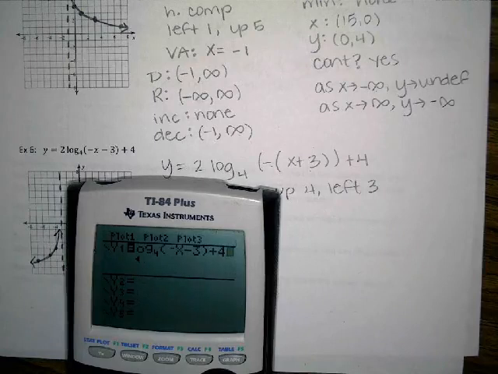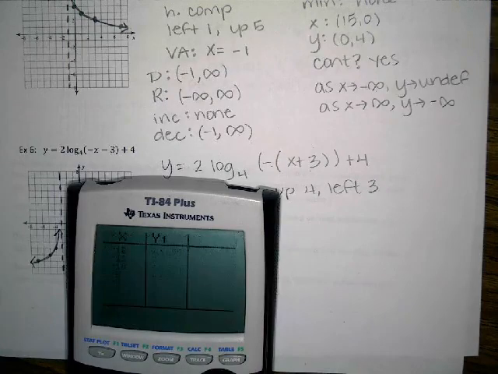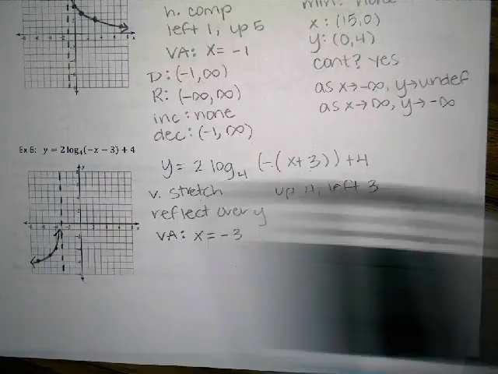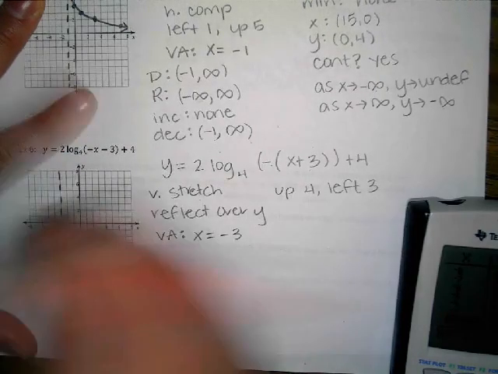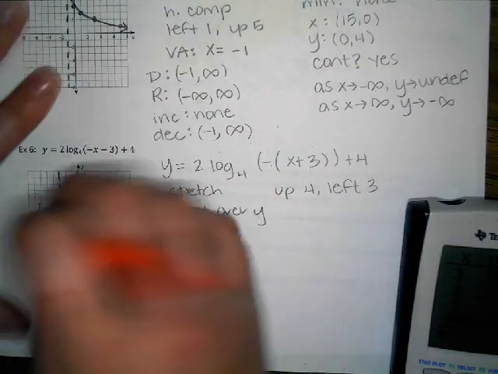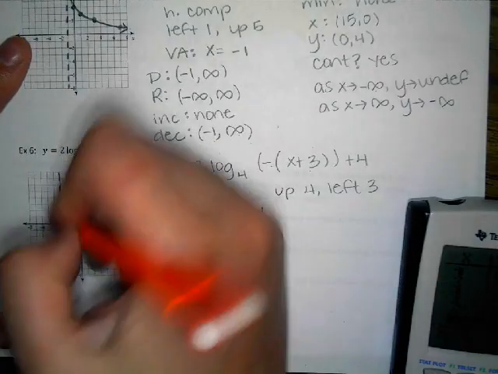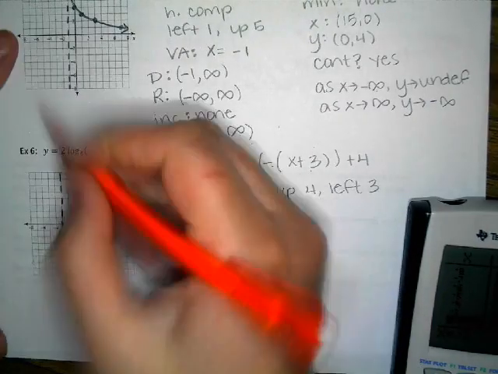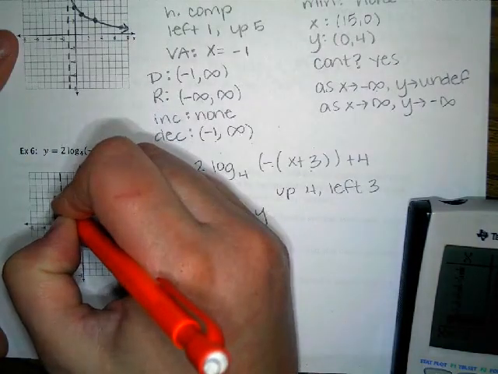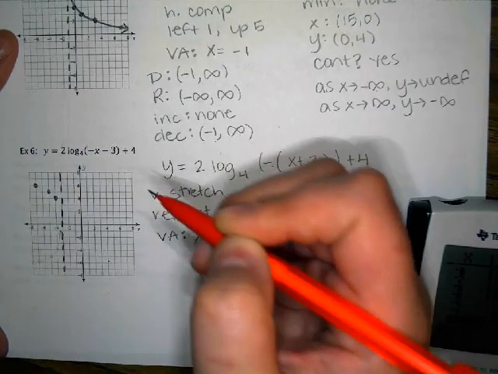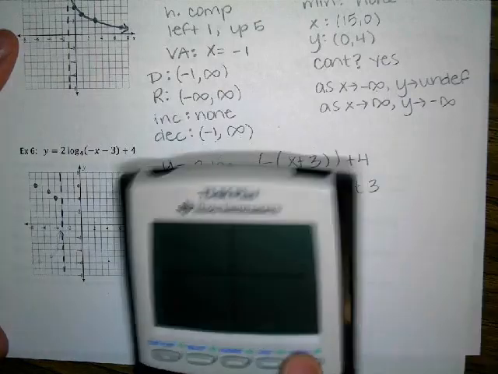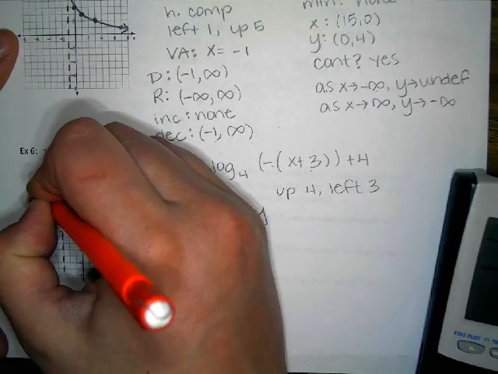Oh, I got positive y values too. Sorry guys, I graphed it wrong. -4, 4, -5, 5, -7, 6. Yeah. Okay, looks like that.